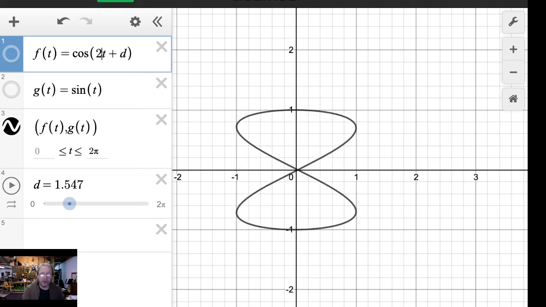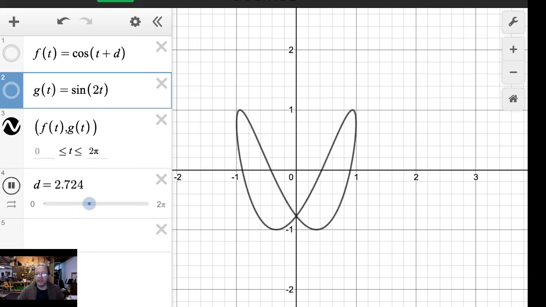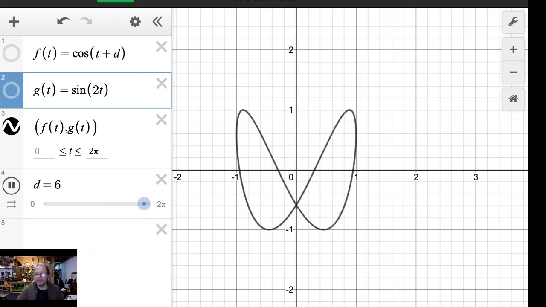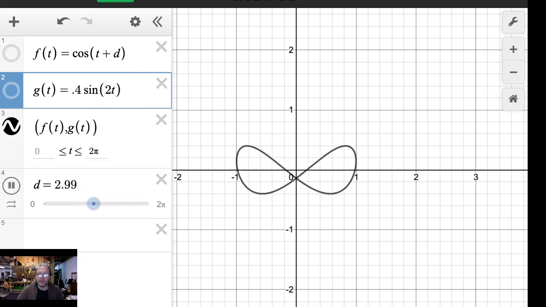If I move the 2 to this, then we get this shape. And to me that looks kind of like a spinning Pringle, especially if you make it a little flatter like that.